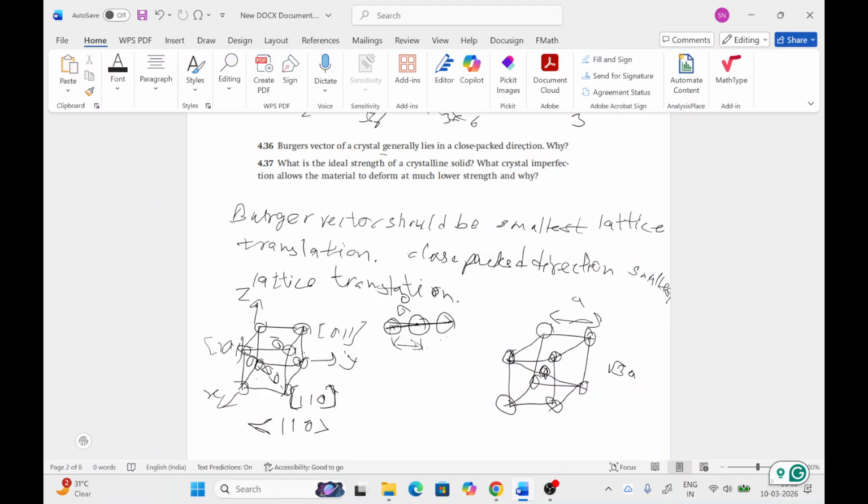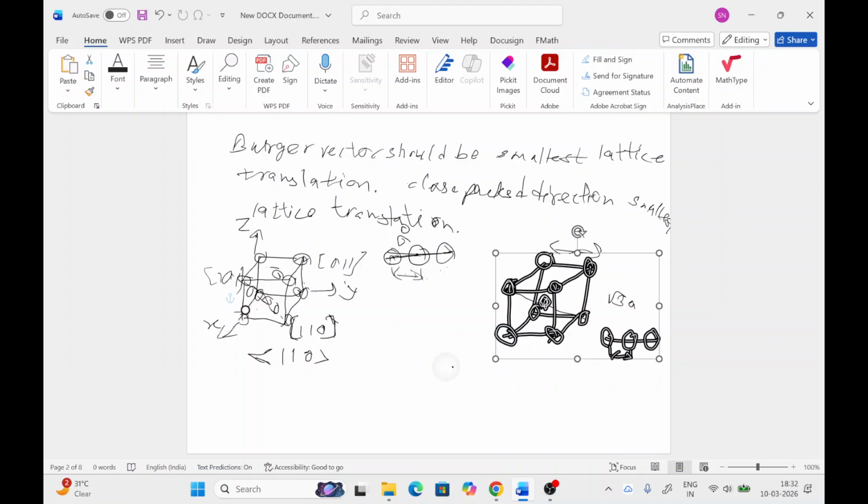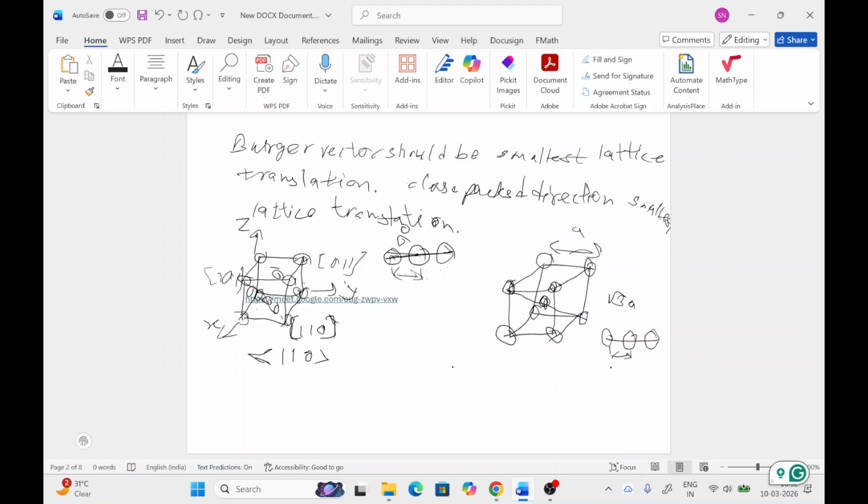On the body diagonal we have three atoms like this. So the distance we have to travel is root 3a by 2, which is around 1.732a by 2.